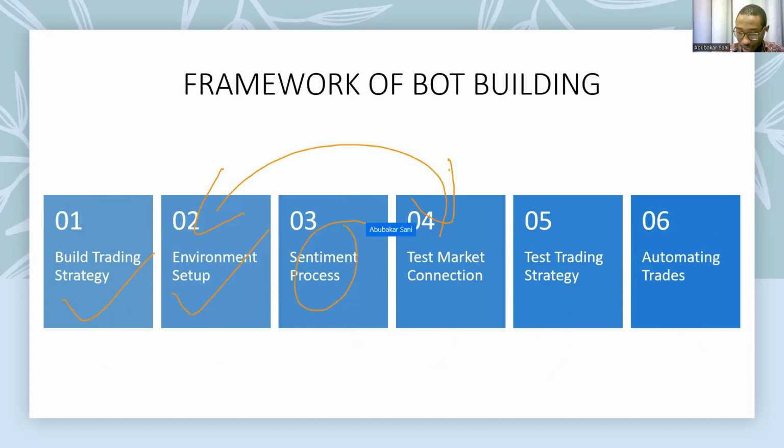But this has to come before you test the strategy. You have to finish all of this. For example, steps one, two, three have to be completed before you test the strategy. You have to finish building the strategy, setting up the environment, and testing the sentiment analysis before you test. Once you test the strategy, you can now do the connection setup with the real market.